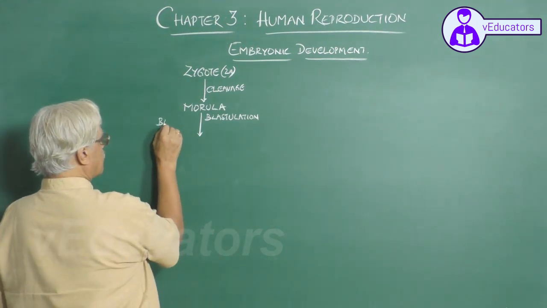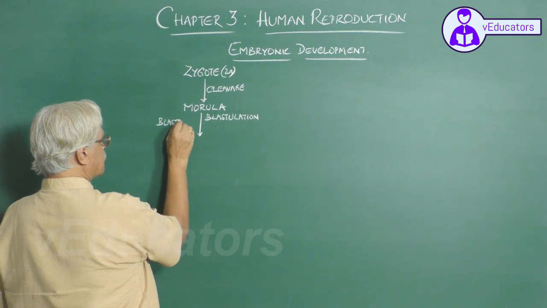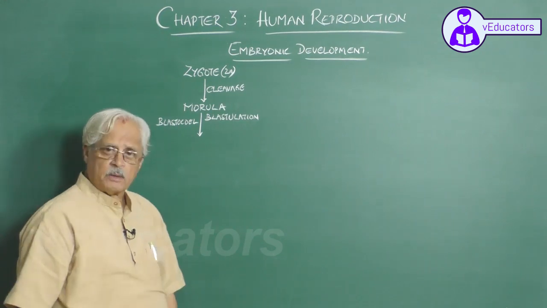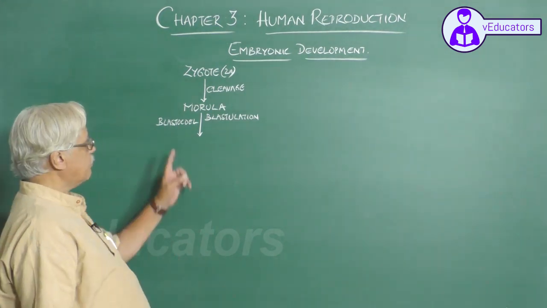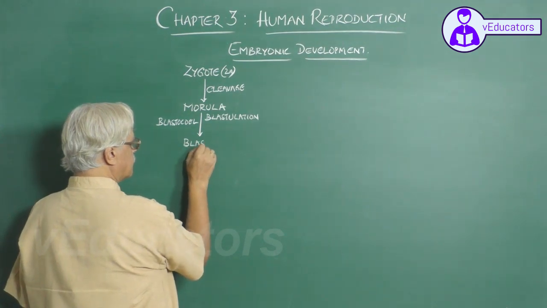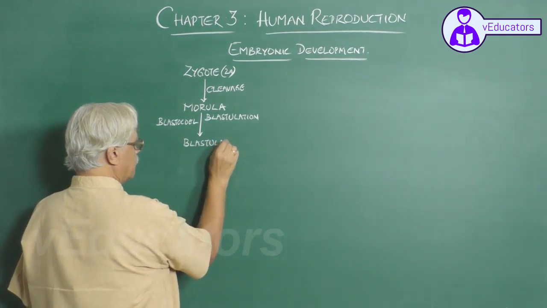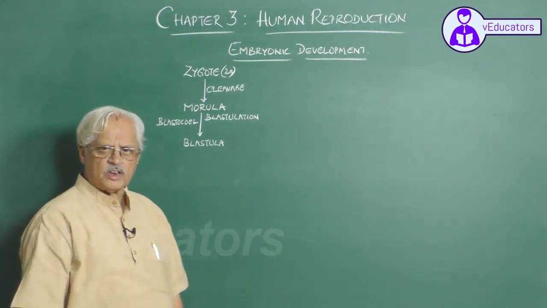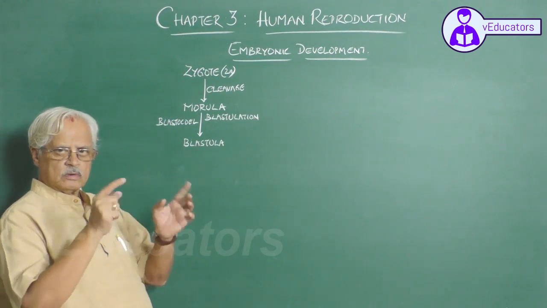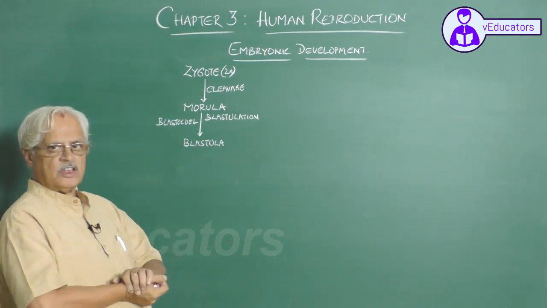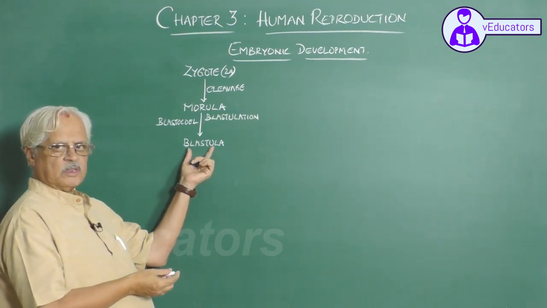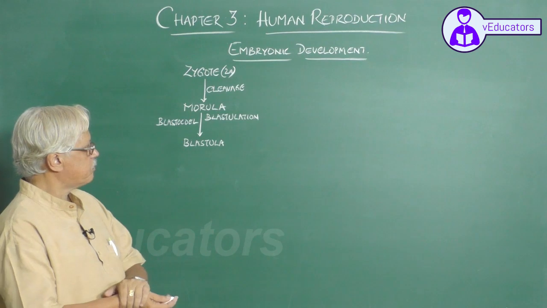The cavity that is formed is called blastocele, the primary embryonic cavity, and the resulting embryonic stage is called blastula. Generally, around the cavity, blastocele, the cells of the embryo are arranged in a single layer. So blastula is generally described as a single layered embryo.